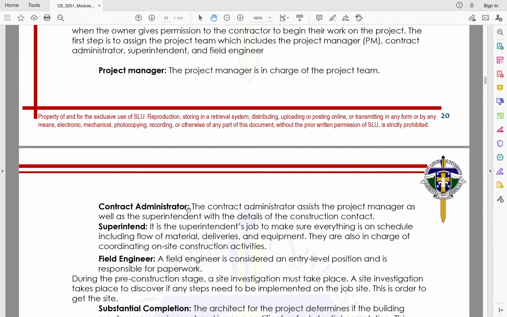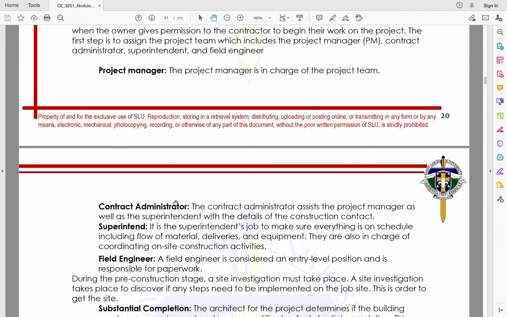The contract administrator assists the project manager and the superintendent with the details of the construction contract. The superintendent's job is to make sure everything is on schedule, including flow of material, deliveries, and equipment. They are also in charge of coordinating on-site construction activities.